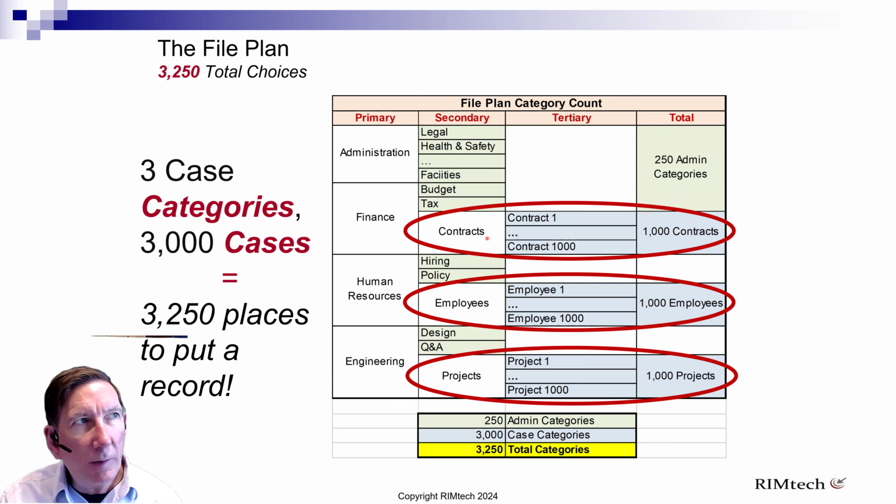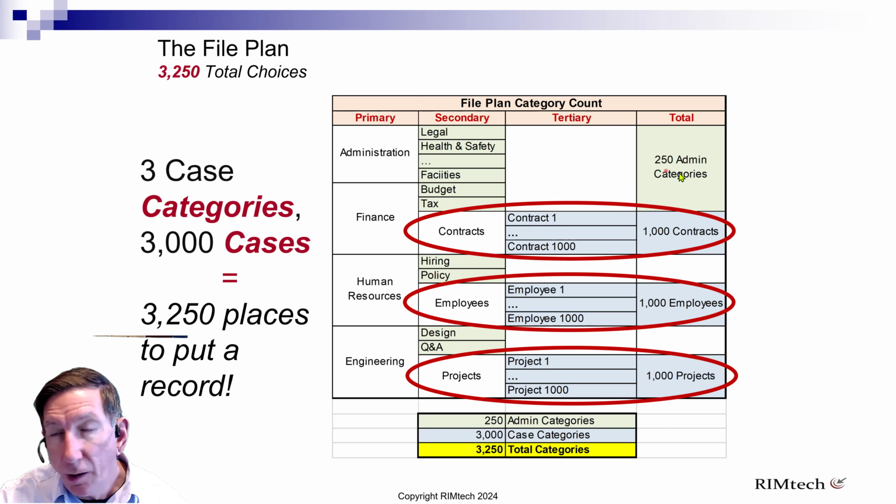So we have to separate the records by case. That means they have to go into a different place in SharePoint. So remember, case categories like contracts, employees, and projects are broken into cases, adventures of related records.